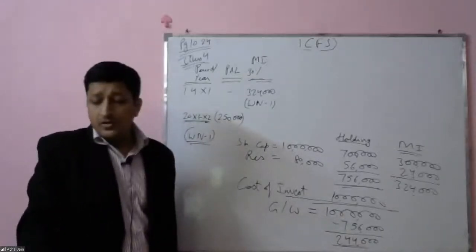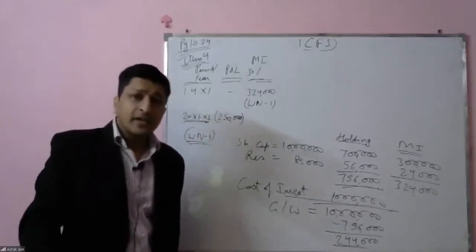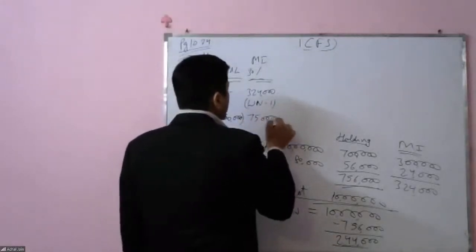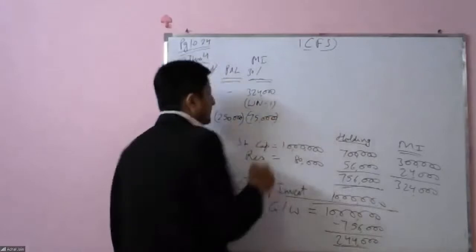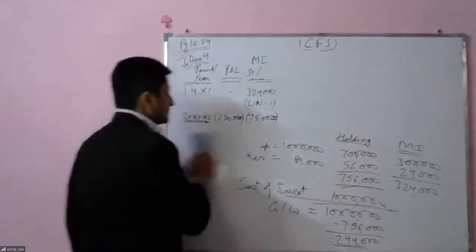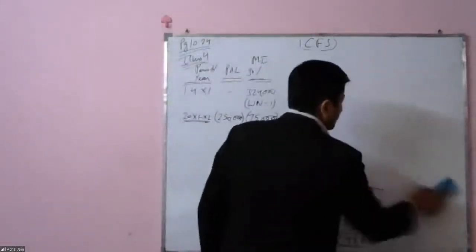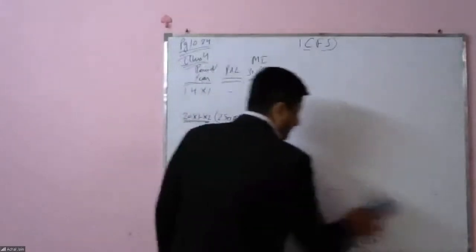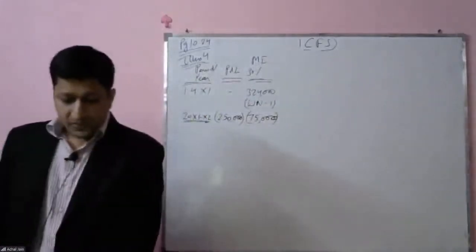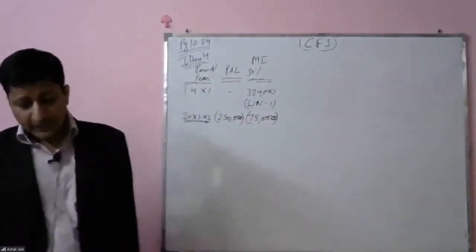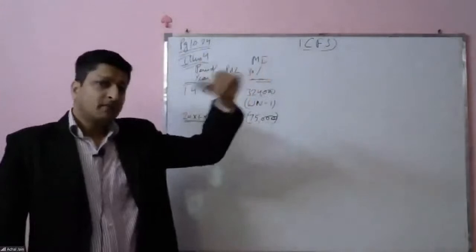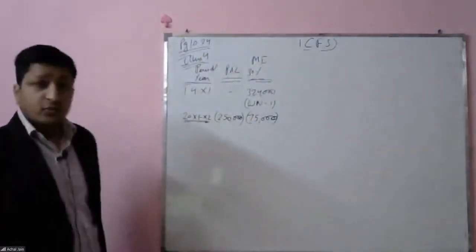Now, out of this loss, 30% will go to minority. So 75,000 we can put over here, because 2,50,000 into 30%. This will go to minority, and the remaining amount will go to consolidated P&L, to the majority, the parent.